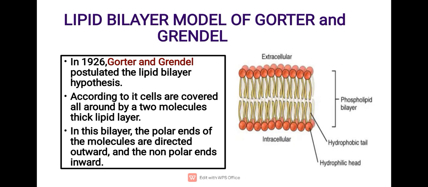So first one is the lipid bilayer model of Gorter and Grendel. In 1926, Gorter and Grendel postulated the lipid bilayer hypothesis. According to it, cells are covered all around by a 2 molecules thick lipid layer. In this bilayer, the polar ends of the molecules are directed outward and the non-polar ends inward.